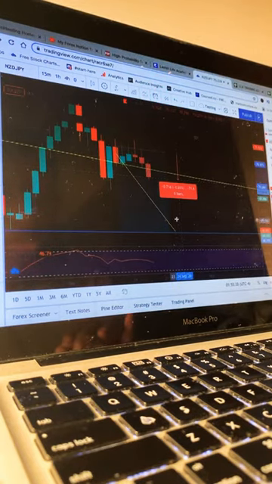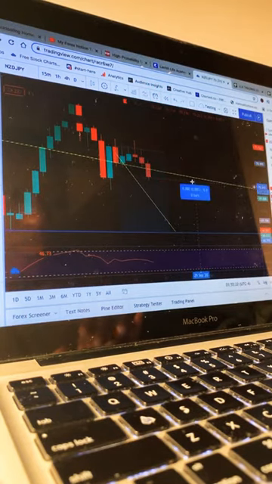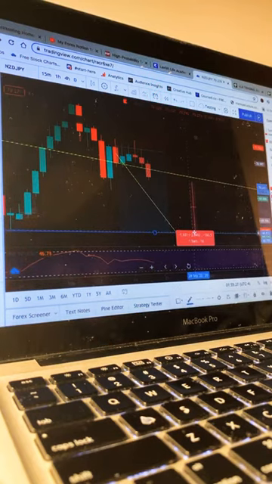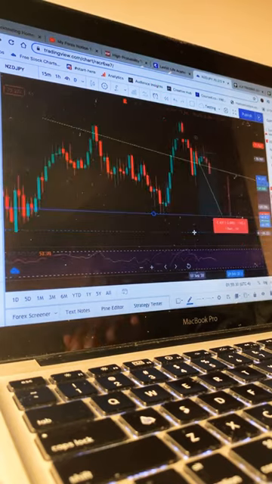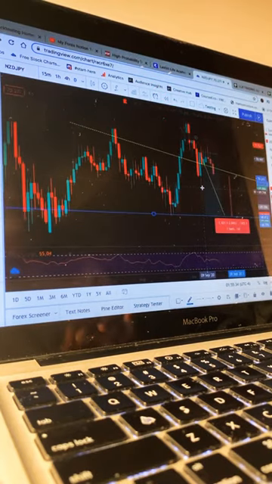What I'm waiting for it to do is sell down for another 140 pips on this one, to be honest. So we will see. I would consider this one a swing trade. I definitely would consider this one a swing trade.